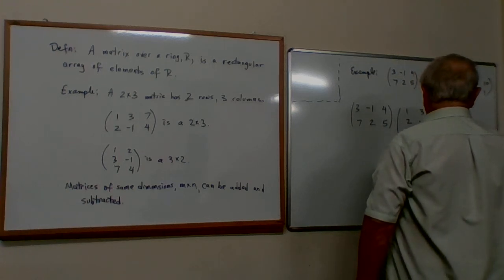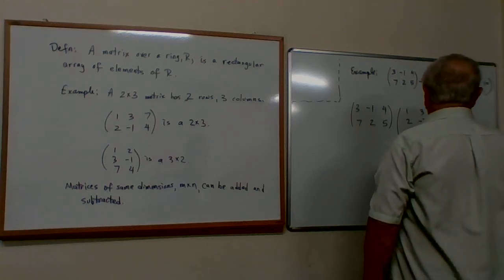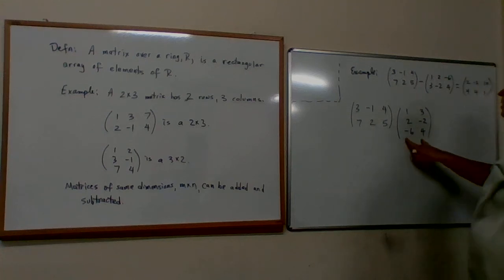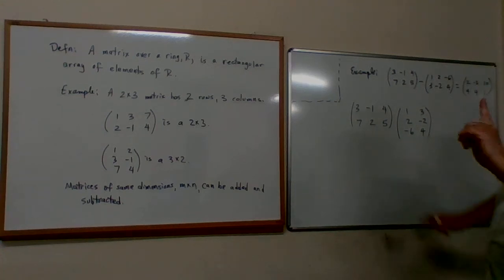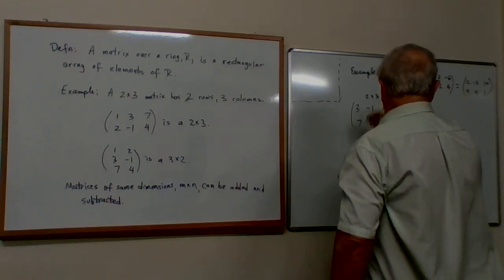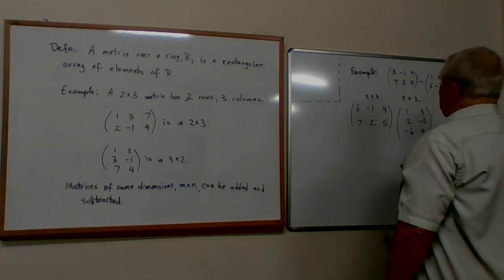I'm going to transpose it, which just means I'm going to take the rows and make them columns, which is the same as taking the columns and making them rows. So I'm going to multiply this by this matrix. Now notice the size. This is a 2 by 3. This is a 3 by 2.